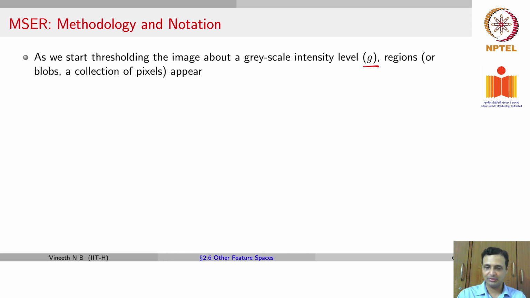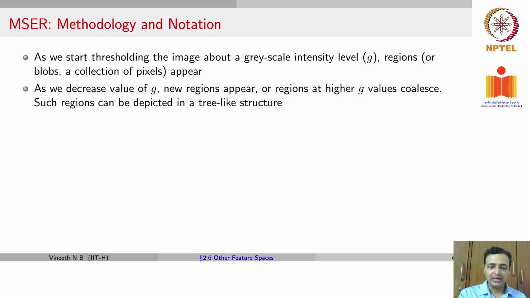They're going to be cohesive regions that appear together when you threshold. As you decrease the value of G, newer regions would start appearing. If you decrease the value of G, you're now giving a lower threshold for considering regions to be white and the rest of them to be black. So there will be more regions that start appearing with white pixel values in the thresholded image.